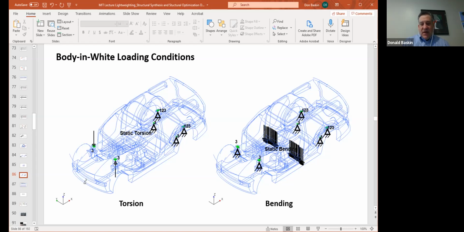Torsion is oftentimes simulated in FEA by holding the rear of the vehicle by the suspension mount locations like the shock towers, and then twisting by the front shock towers. So you apply a load in opposite directions on the front shock towers, to simulate the twist of the body structure that it would typically see in the real world when a car begins to turn in to a corner.